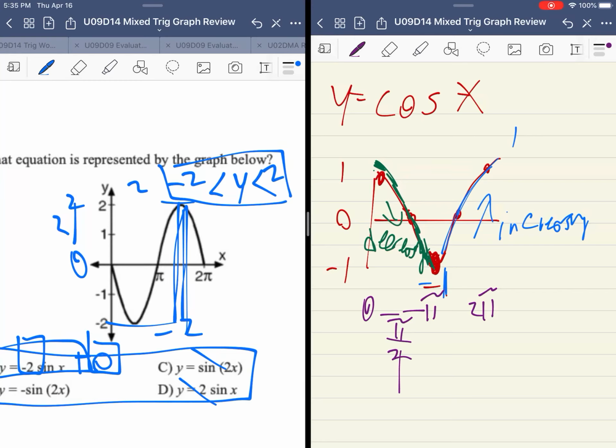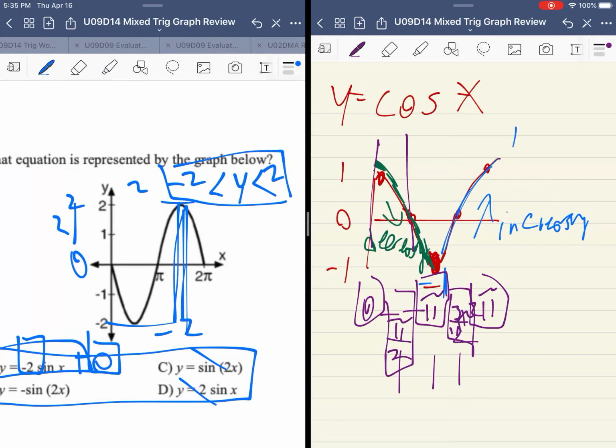And then because that's a quarter, this would be 2 halves pi, and this would be 3 halves pi. So it's 0, half a pi, pi, 3 halves of pi, and 2 pi are the 5 sections of the graph.